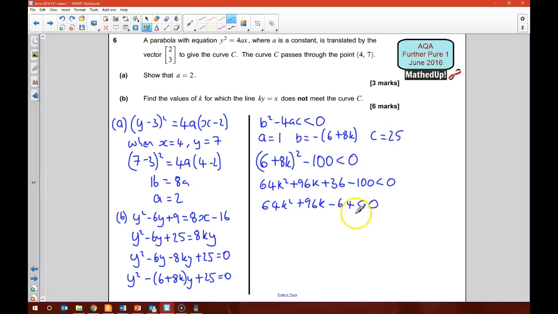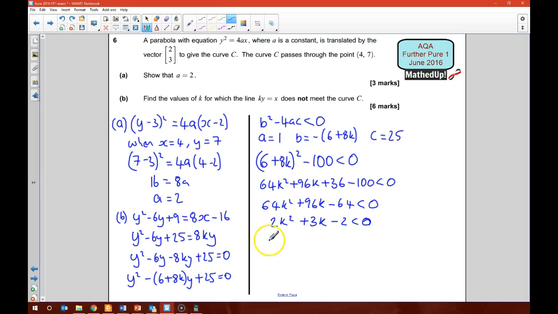Now 32 is a common factor of each of these terms, so I'm going to divide through by 32, which tells me that 2k squared plus 3k subtract 2 is less than 0. Okay, next thing I need to do is factorize this.